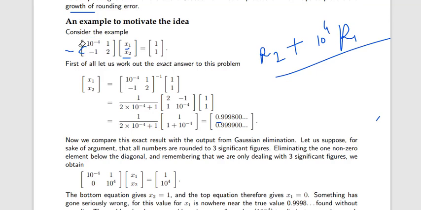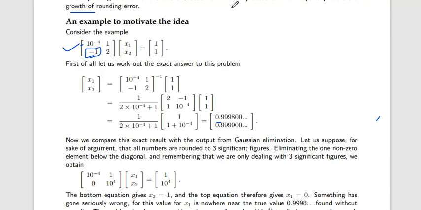This is simple Gaussian elimination. In the last lecture, and also in our previous lecture, we talked about how to solve by the Gaussian elimination method. So we multiply the first row by 10 raised to 4 and add it to the second row, so we get 0 as the answer. Now what do we get here? R2 plus 10 raised to 4 R1.